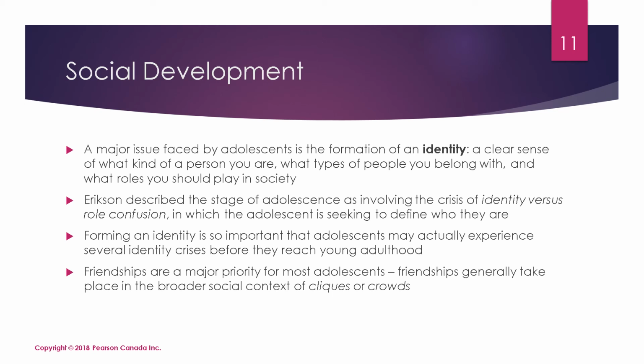So it's normal and almost healthy in a way for an adolescent and a young adult to have those identity crises in order to really determine who they want to be and what they want to do. But above all else, as I mentioned earlier, friendships are a major priority for most adolescents. Friendships generally take place in the broader social context of cliques or crowds, and those friends, those peers, will typically be one of the greatest influences on your behavior and your achievements.